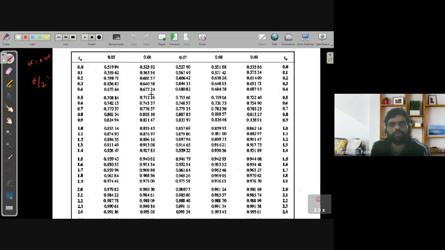So 0.025. Tell me what that value is if someone has the table. It is not here.